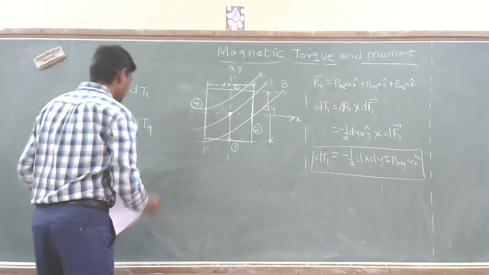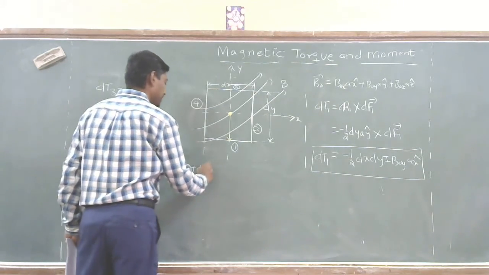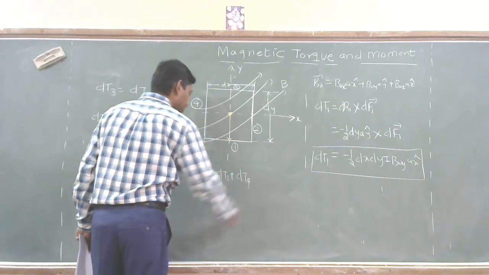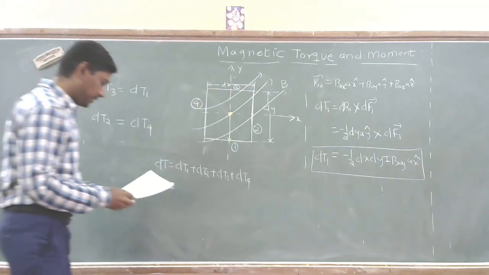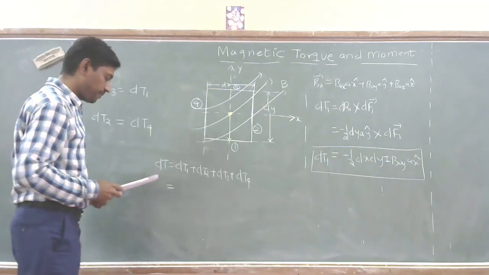The total torque is equal to dt1 plus dt2 plus dt3 plus dt4, and the detailed things you can really find out in the notes. I'm writing the final result.